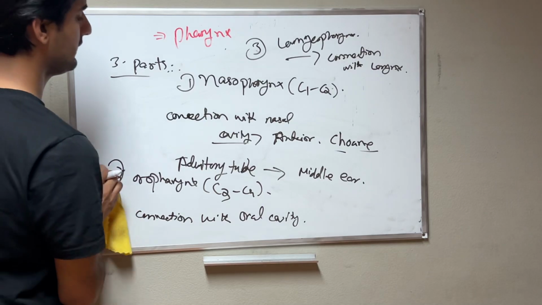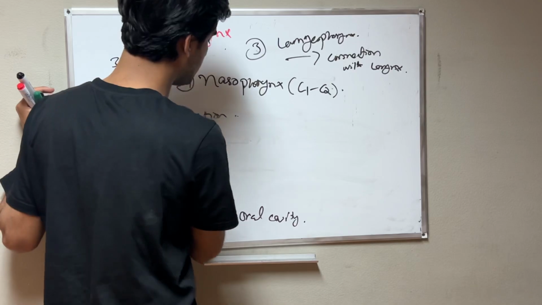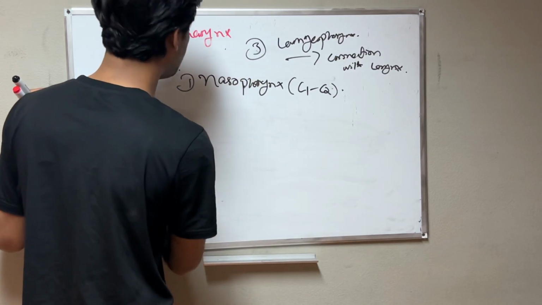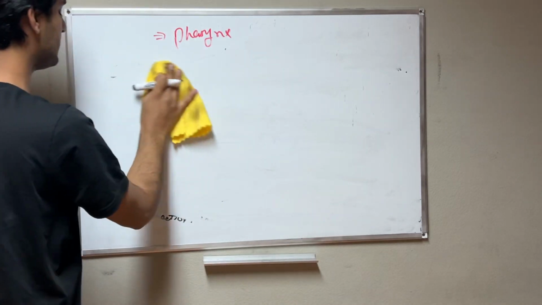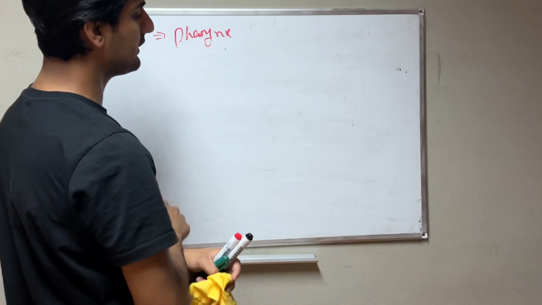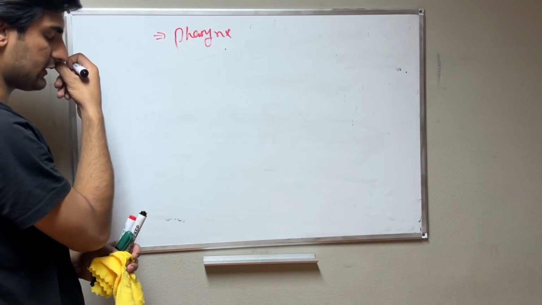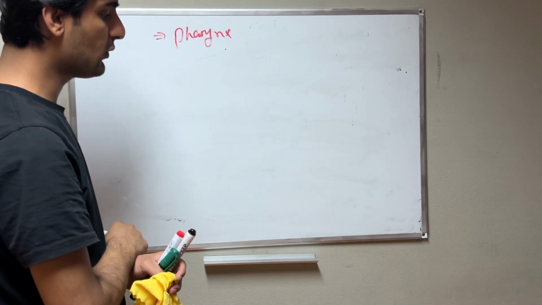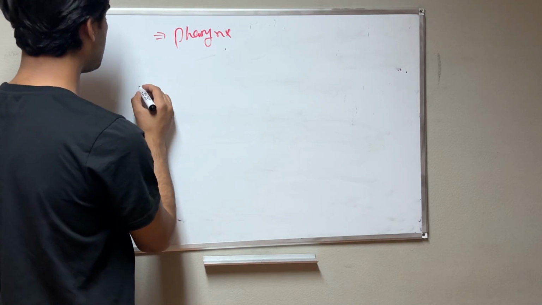If we talk about the pharynx more deeply, we already talked about the main parts, skeletotopy and holotopy. Now, about the pharynx, we have tonsils. We have four types of tonsils.